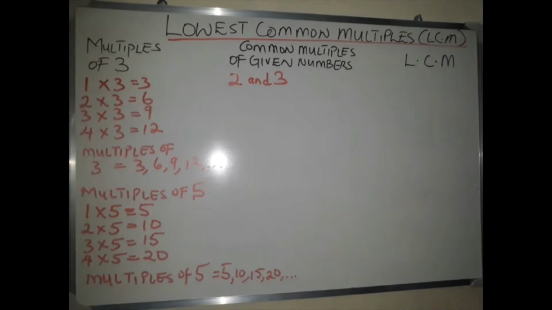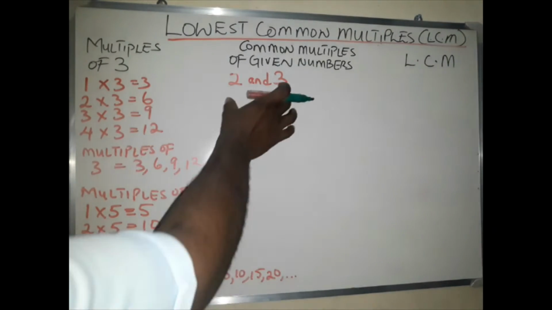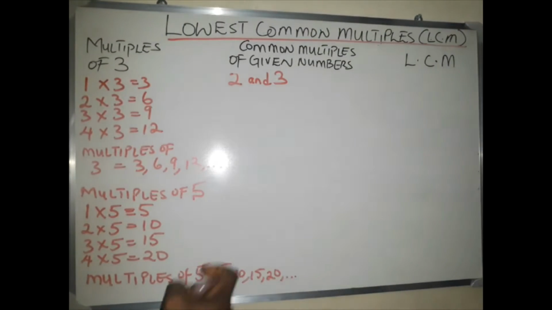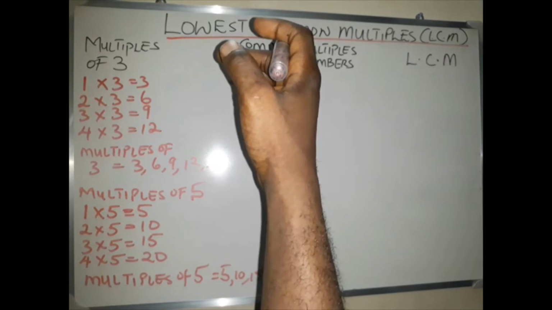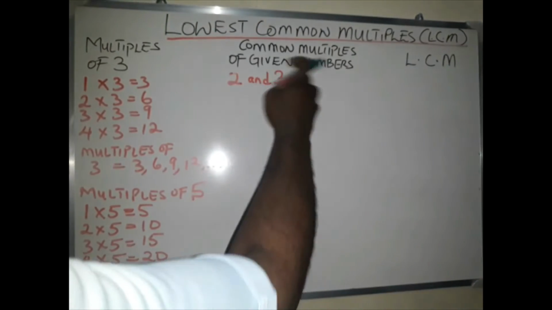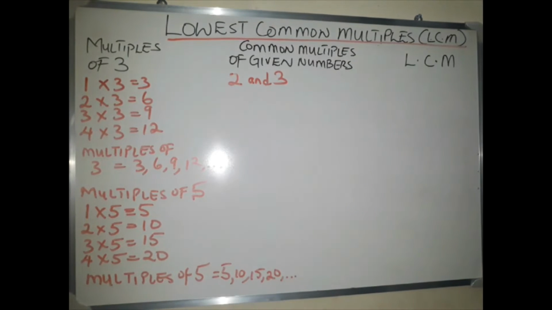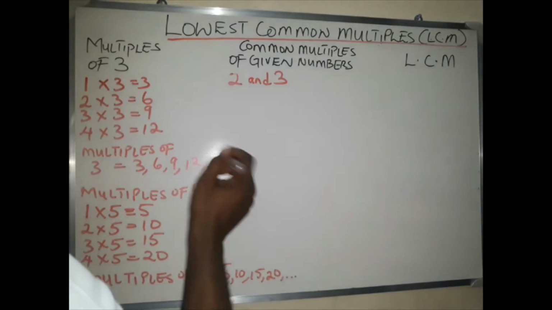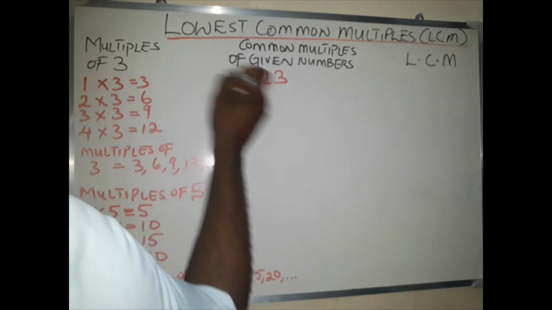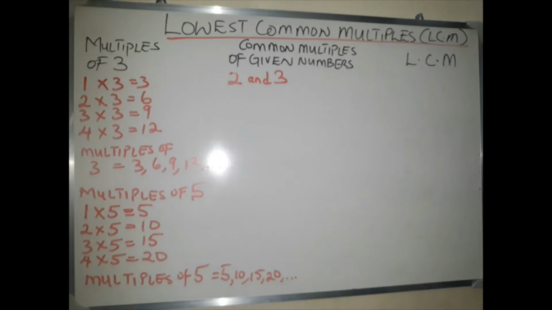I say it again. Once you're given 2 or more numbers, and they say you should find the common multiples of these given numbers, what they're asking you to find is those numbers that 2 can divide and also 3 can divide at the same time without a remainder.